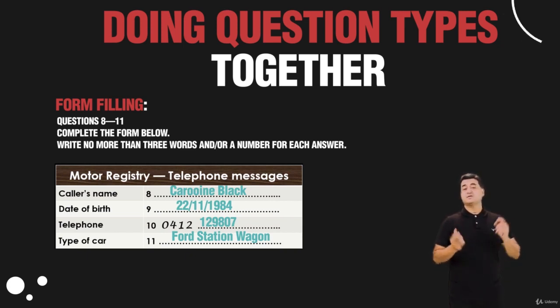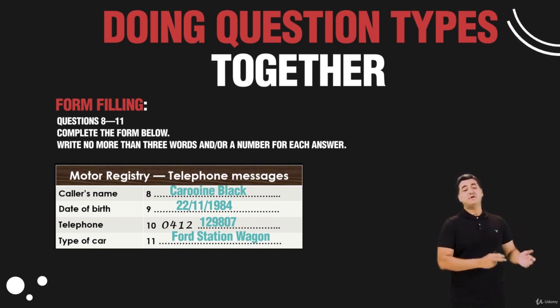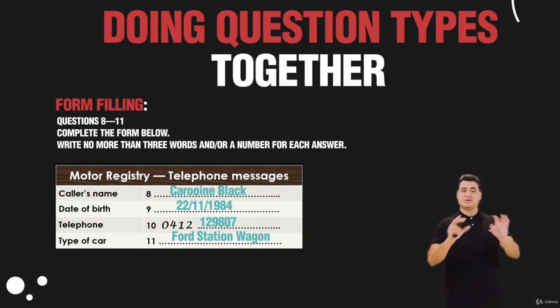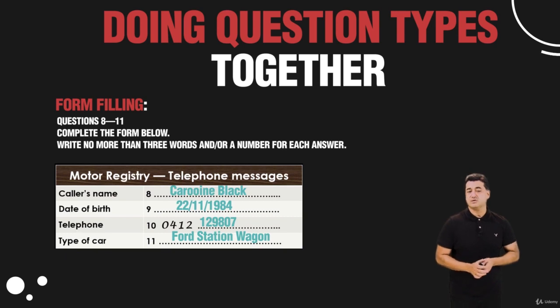Now please notice here that Caroline Black, very well, but for date of birth, I have used both the formats. You will just write one. So the most appropriate is 22/11/1984, or you can write November 22nd, 1984. Both fit the description of our directions, so fine.